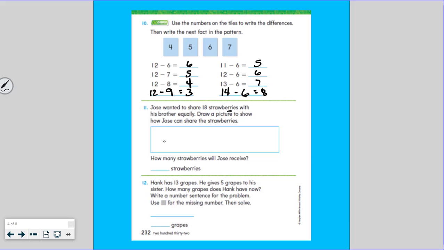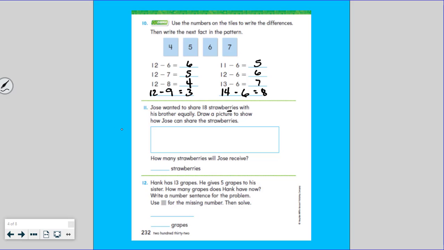Okay, so you're going to draw me a diagram or a picture. What did we call these? An array. That's what it's called. So you're drawing me an array right here in the box to represent this. And then how many strawberries will Jose receive, and you'll write it on the blank. So go ahead and pause your video and draw an array to show how they can share 18 strawberries equally.